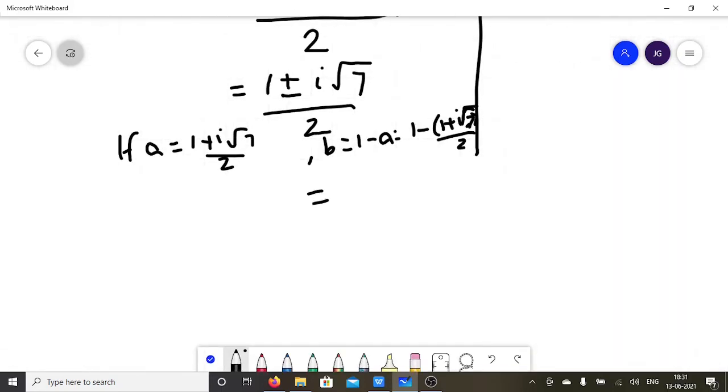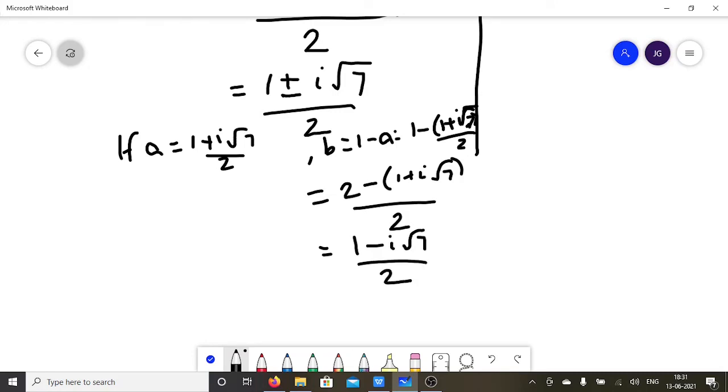If we take the LCM, 2 minus 1 plus i root 7 by 2, which is equal to 1 minus i root 7 by 2. So if A is equal to 1 plus i root 7 by 2, then B is equal to 1 minus i root 7 by 2. So we got 2 roots.